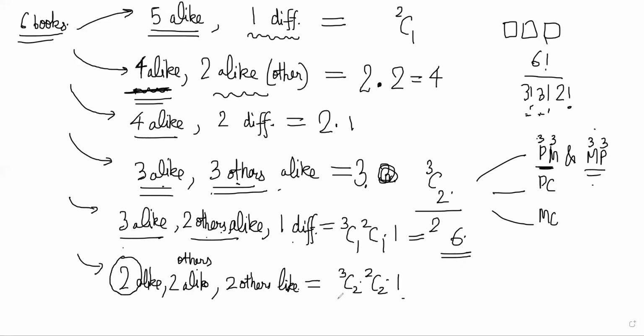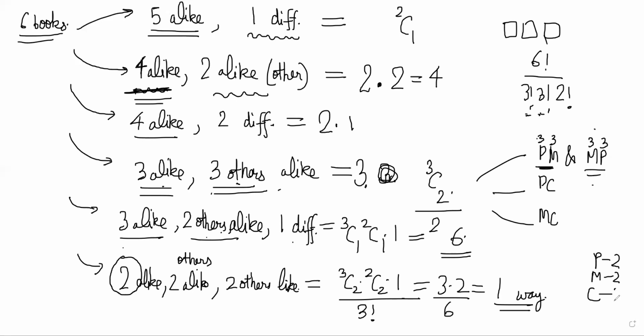But the group sizes are the same, and there are three groups of two, so you divide by 3 factorial. So you'll realize that this will be 3 into 2 by 6, which is one way. If you don't divide by 3 factorial, you will get 6 ways. But that will be wrong, because there's only one way to do this: physics 2, maths 2, chemistry 2.